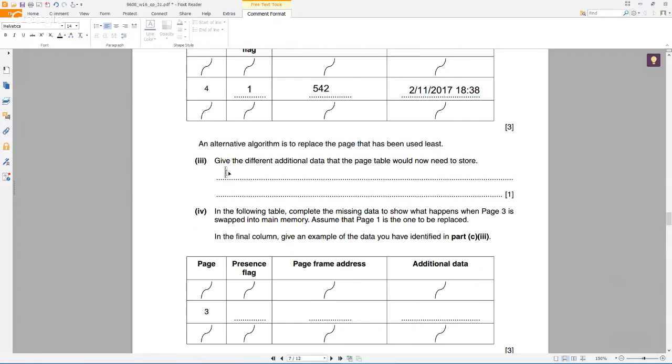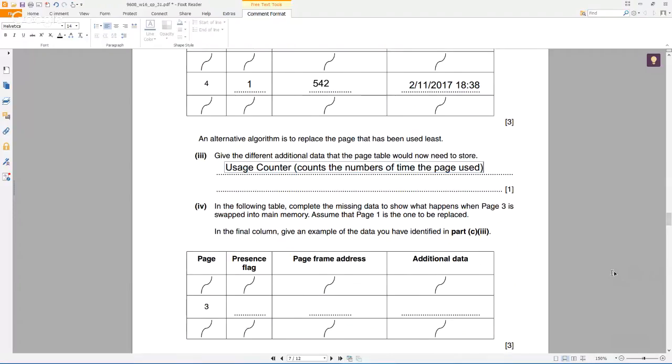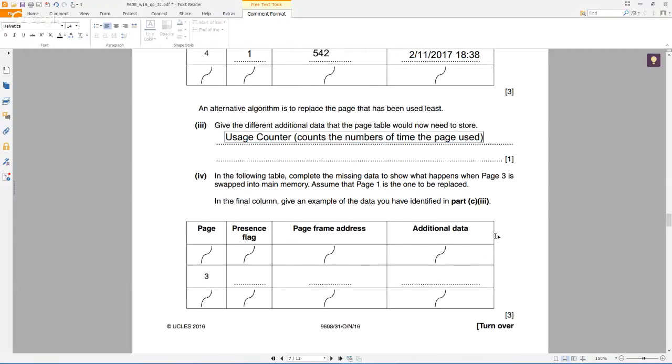I would say we need a usage counter, that counts the number of times the page is used. Every time the operating system, or some software, uses a particular page, the usage counter will be increased. So you obviously would need to modify the code of the algorithms in order to do this.